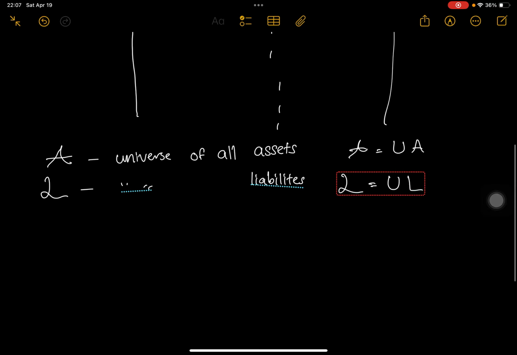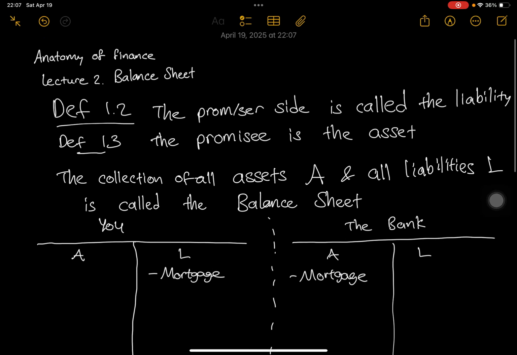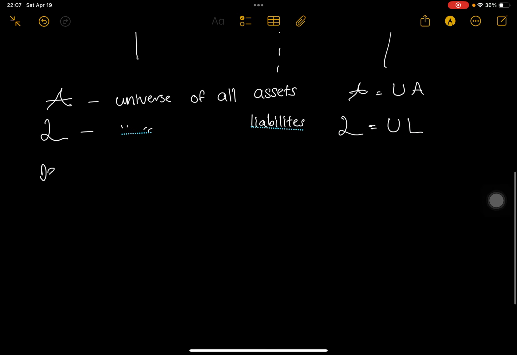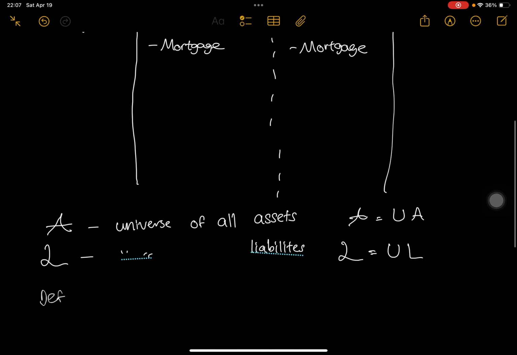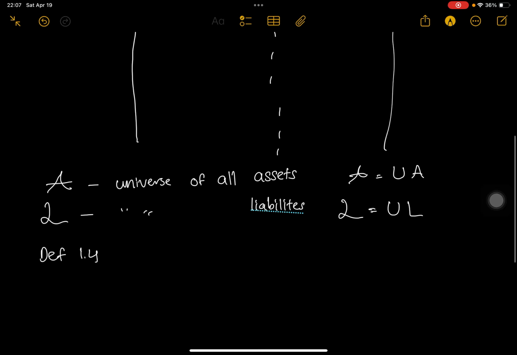Okay, some more definitions. We are on definition 1.4. Equity is defined as the magnitude of assets of a company or individual, minus the magnitude of their liabilities.